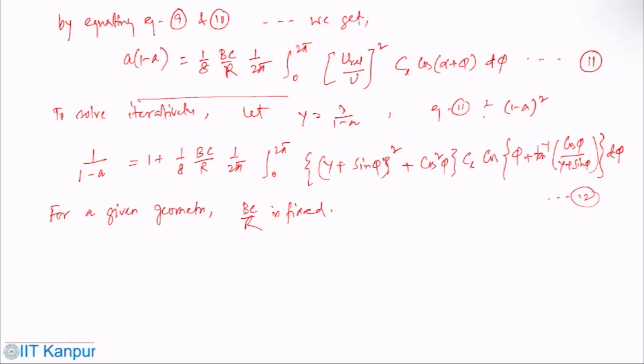From there, the corresponding lambda is y into (1 minus a). This calculation is repeated until the desired tip speed ratio is found. So this is how you do the iteration. Once you have obtained the proper tip speed ratio, then you can do the calculation for the power.